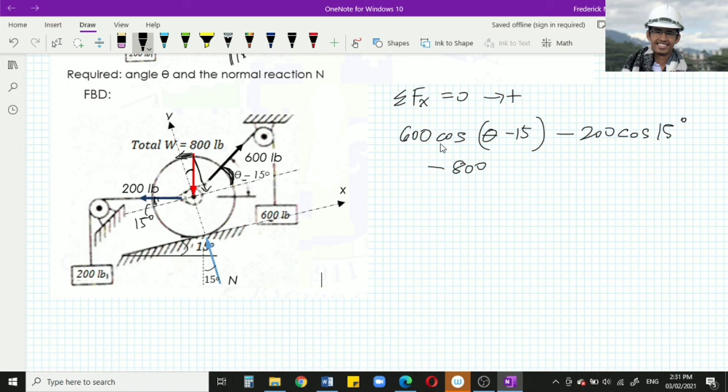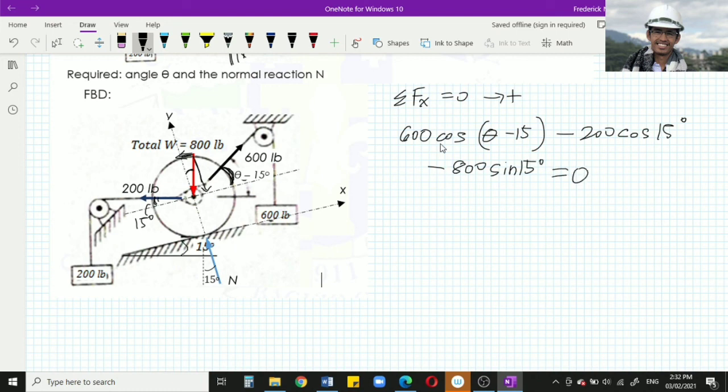Yung angle natin will be about dun sa y-axis, and x component yung hinahanap natin. So opposite siya dun sa ating angle, so magiging sine 15 degrees yung ating gagamitin. So sine 15 degrees, that will be equal to 0.